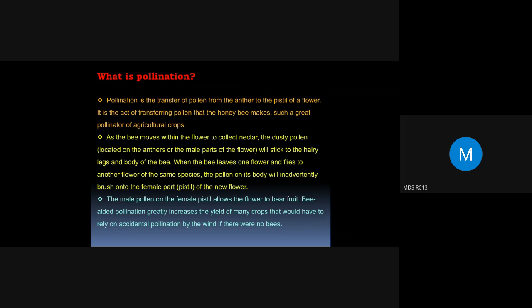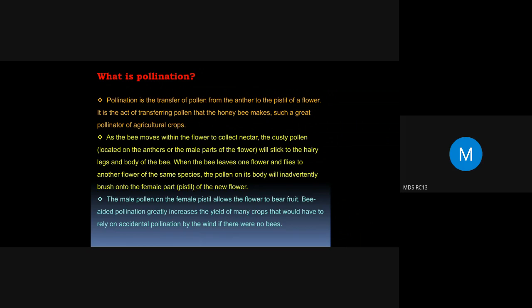When the honeybee carries pollen grains from one flower and moves to another flower of the same species, the pollen grains collected by the honeybee are deposited on the pistil, the female part of the other flower, so cross-pollination happens naturally. This is because of the bee behavior called fidelity. Only one species of flower is visited, foraged, on one trip.